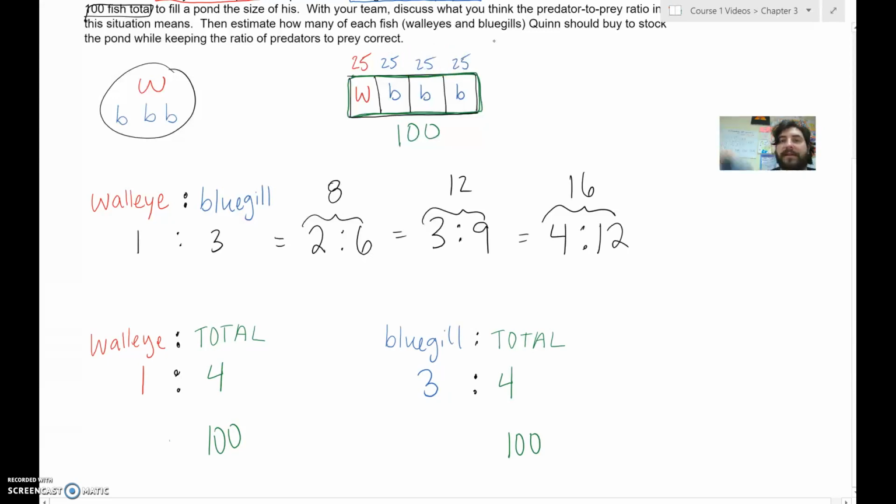That ends up being our answer, that if you look at this ratio, this is 25 times the original ratio. So we want 25 times the walleye, for a total of 25 walleye.